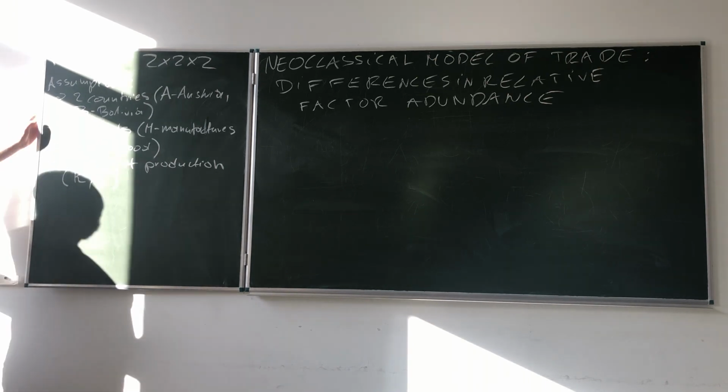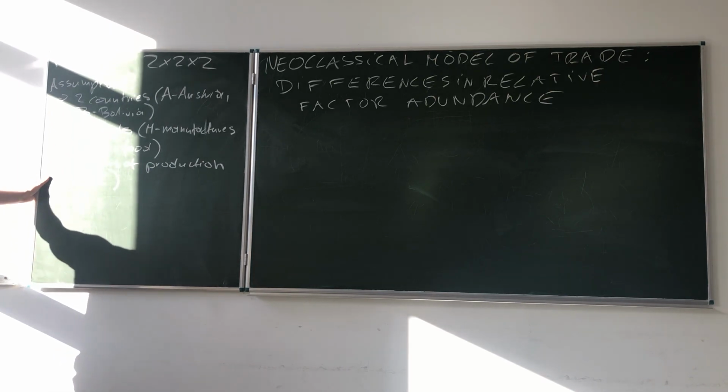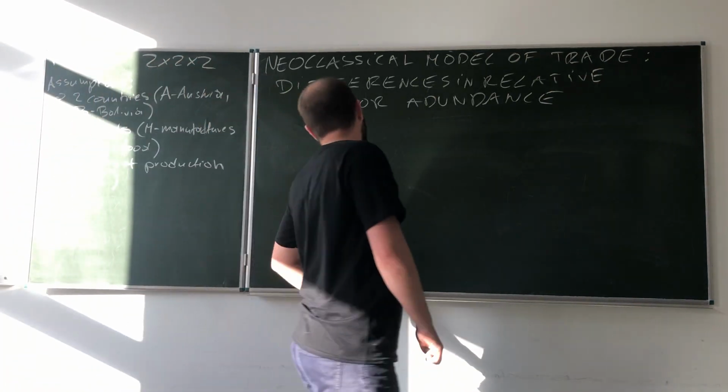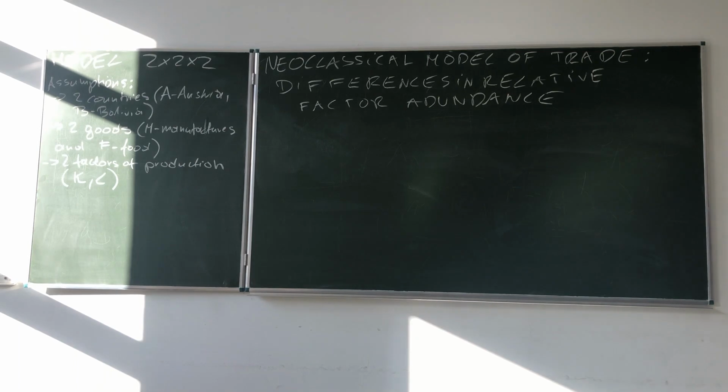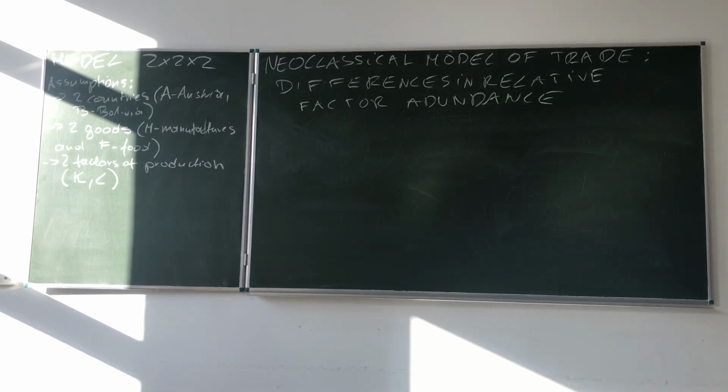Now, if we want to show within this model how differences in relative abundance in capital and labor create trade, we should be worried that we might confuse this relative abundance with differences in technology.